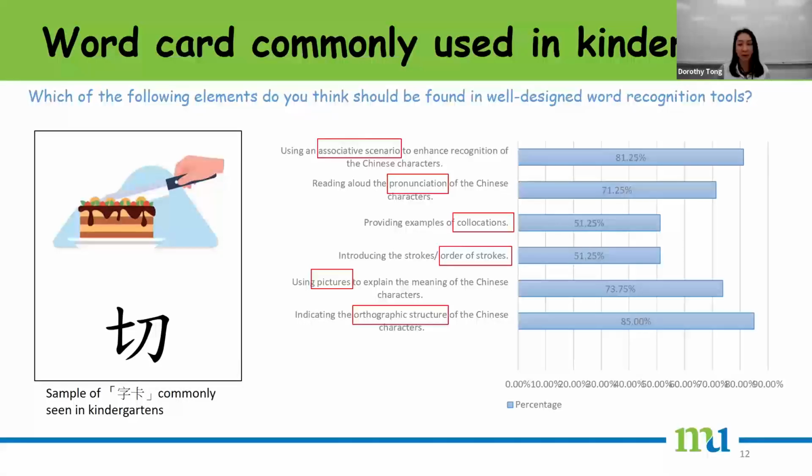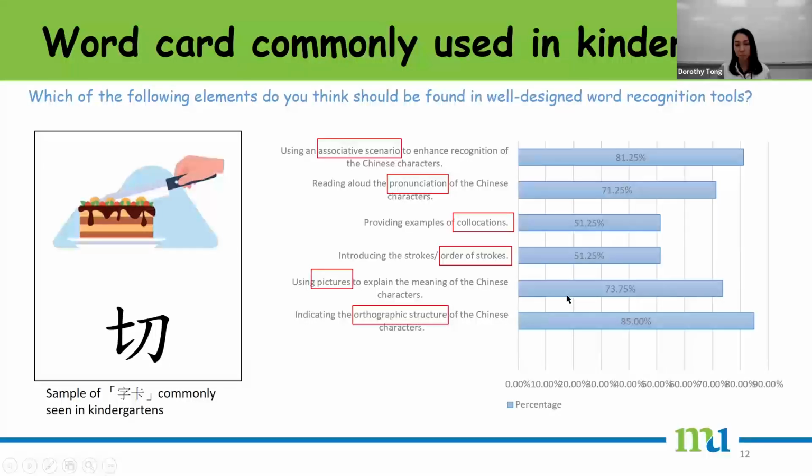And they all agree that associative scenarios are good, and to indicate properly the orthographic structure is a good idea, because ultimately the teachers would want children to recognize the words, to read them and to write them. So they think the recognition of the structure is very important.